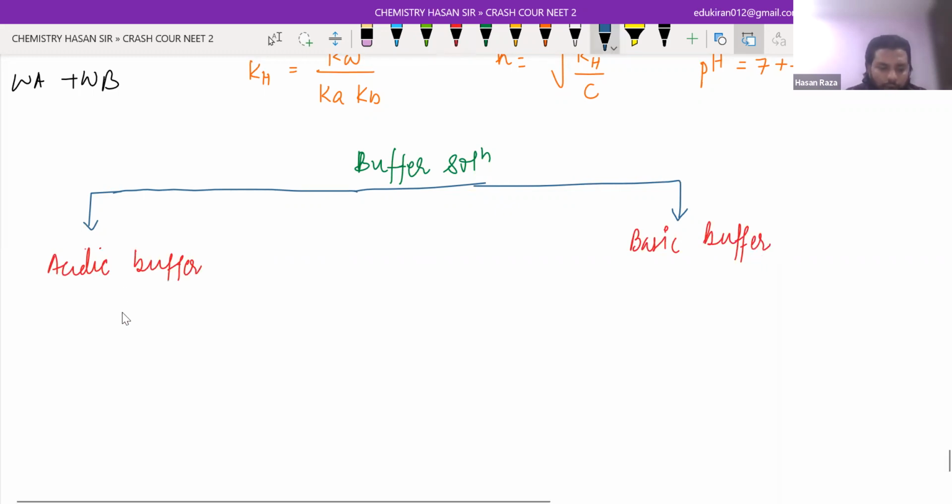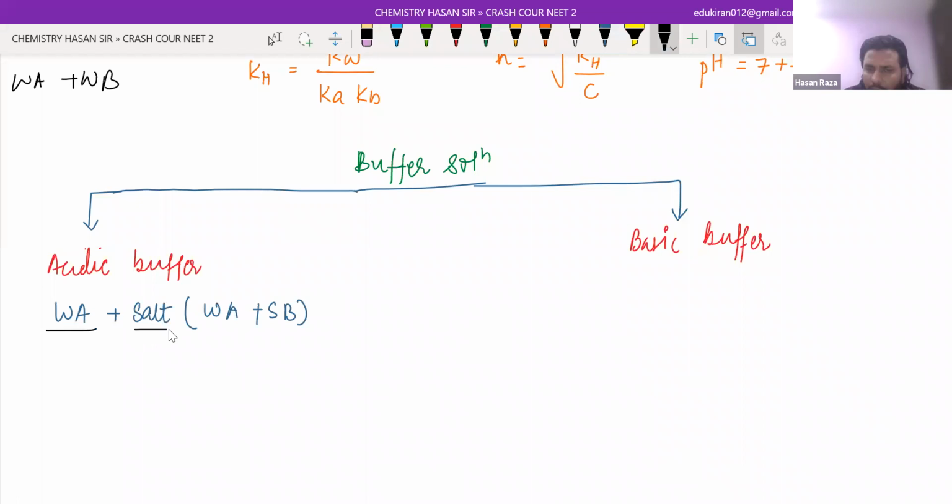Now, how are you going to recognize which one is acidic and which one is basic? It's very simple. A solution which contains a weak acid with a salt, and that salt comes from a strong base and weak acid. So a solution which contains weak acid and the salt of that acid with a strong base.